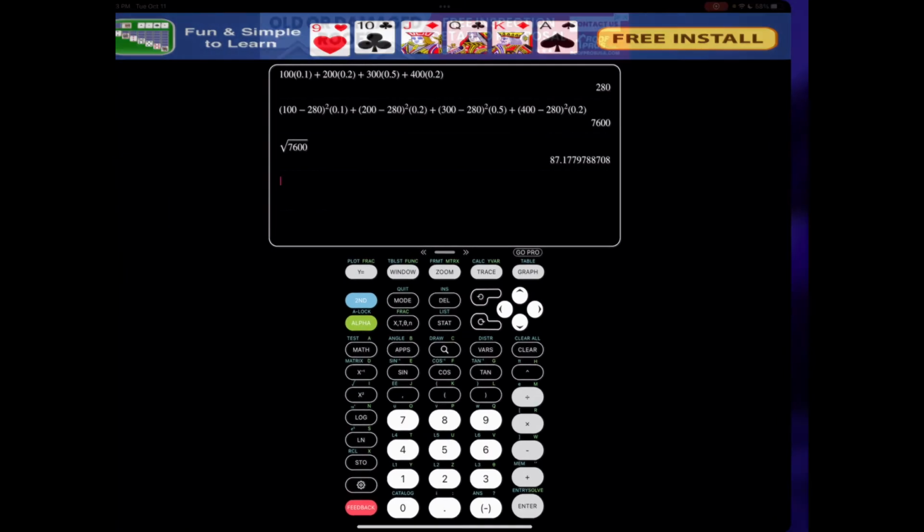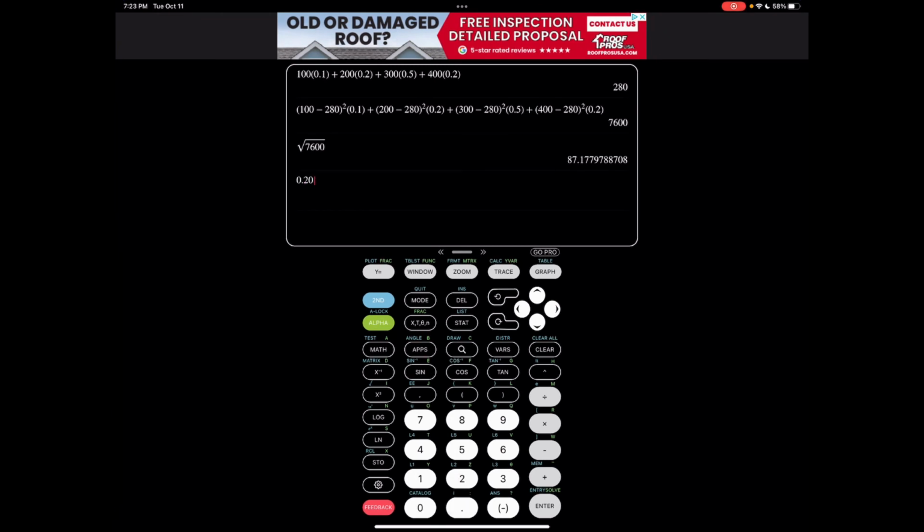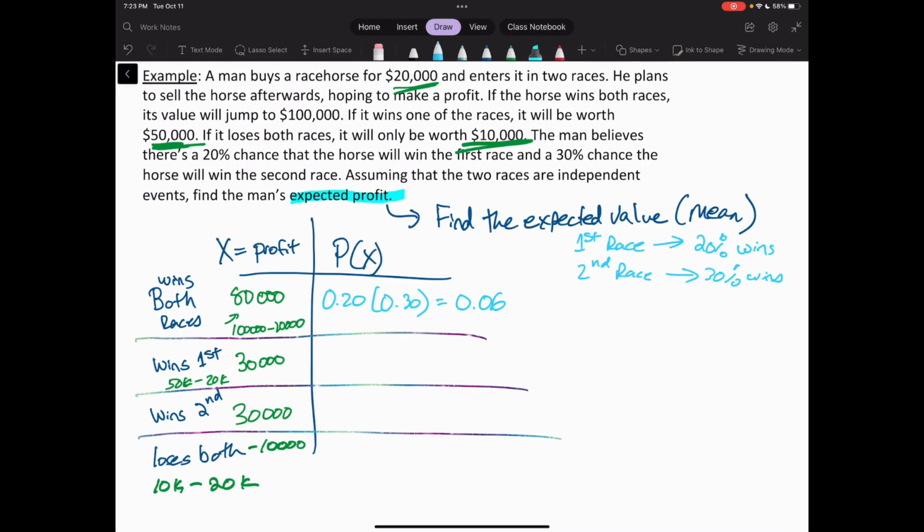Let's double check that in our calculator. 20% times 30%, yes, 0.06. So this is the case where he wins both races. That's the probability for us having a profit of $80,000.